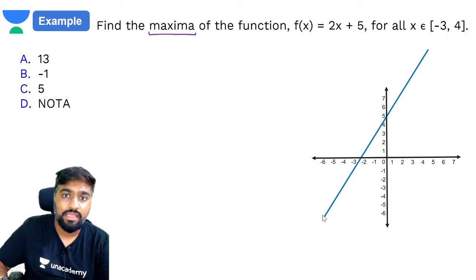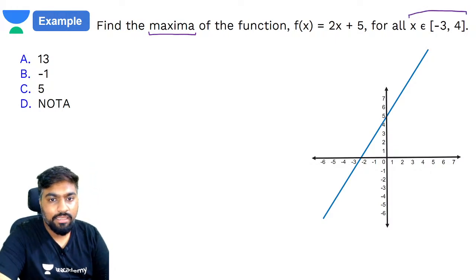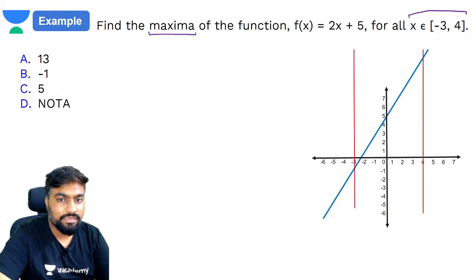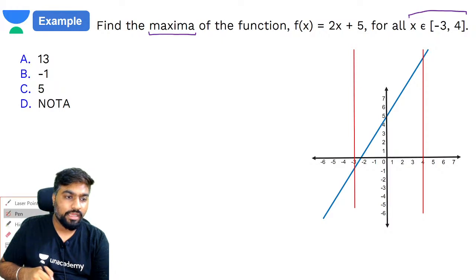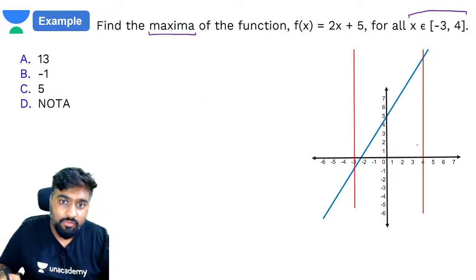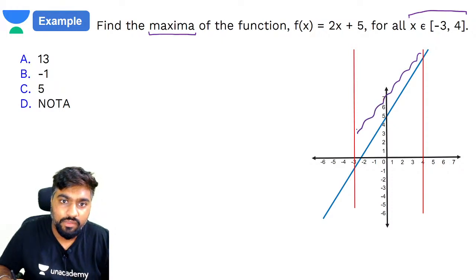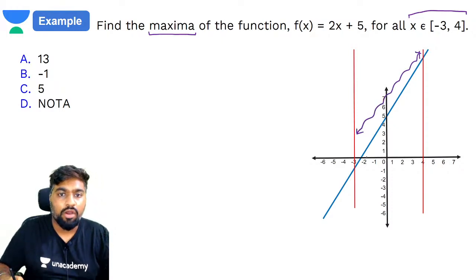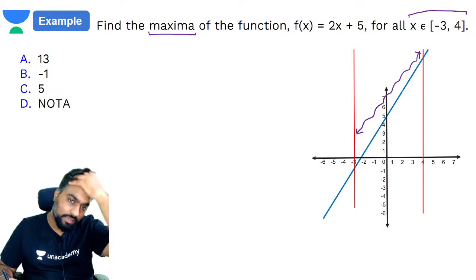But when they give you the limit for the domain, the possible values of x, when they say the minimum value of x could be -3 and the maximum value of x could be 4, then all they're looking for is when the function will be maximum for x somewhere in this range. For what value of x will this be maximum? That's what we have to look at. Understood?